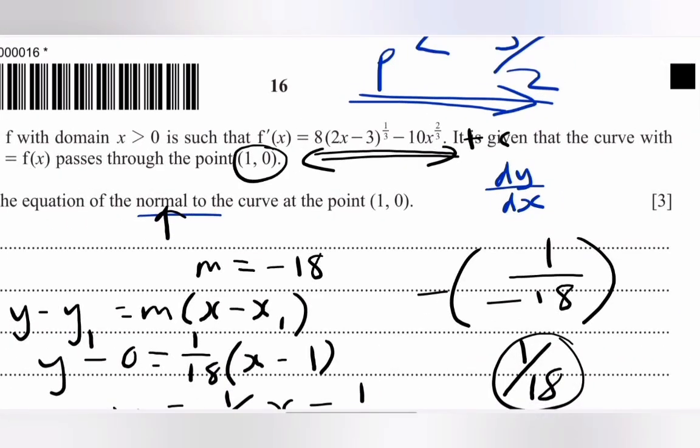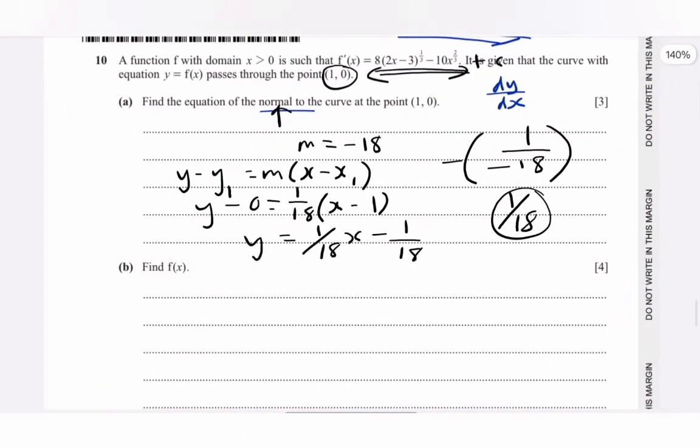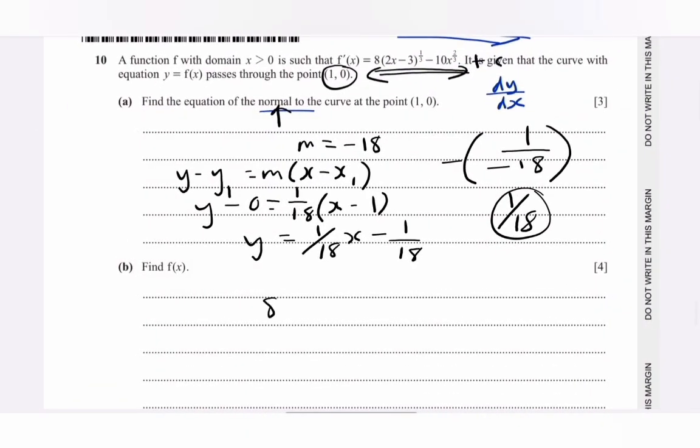And so to integrate that, we say 8 times 2x minus 3, and we add 1 to the power, it becomes 1 and a third, which is 4 over 3, and we divide by the new power and multiply by the derivative of the bracket.